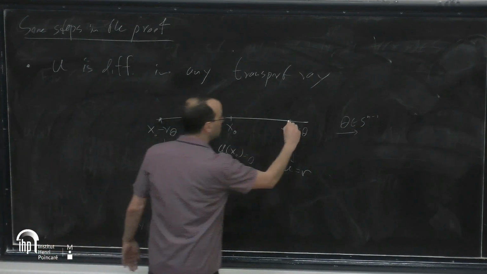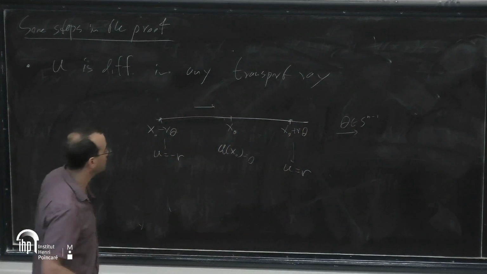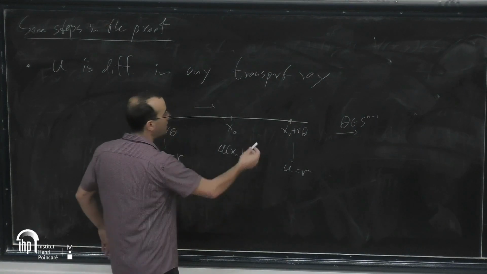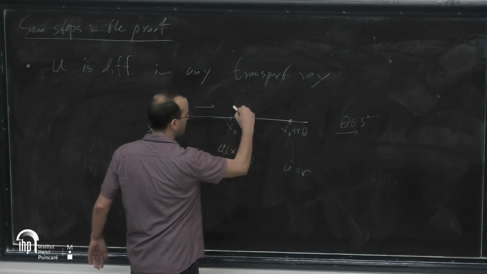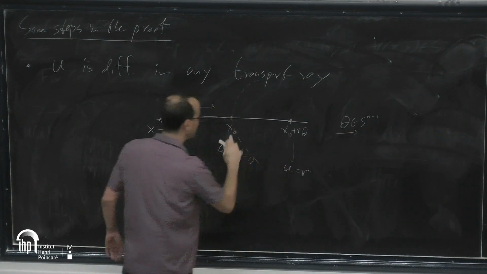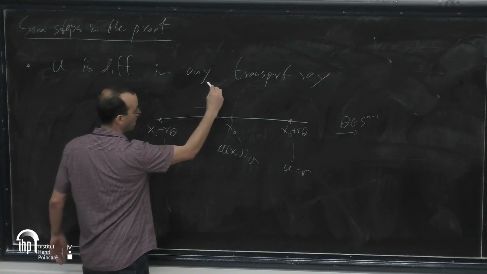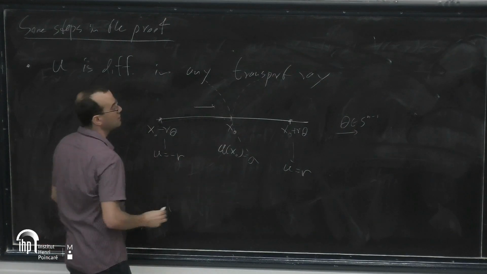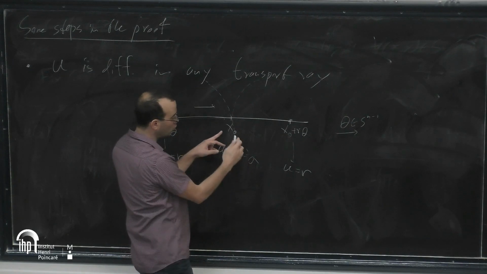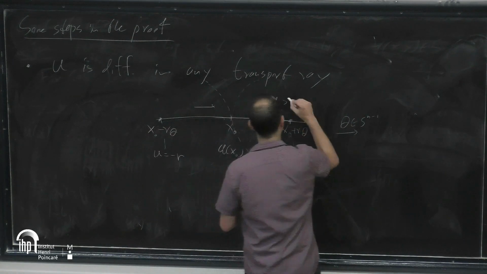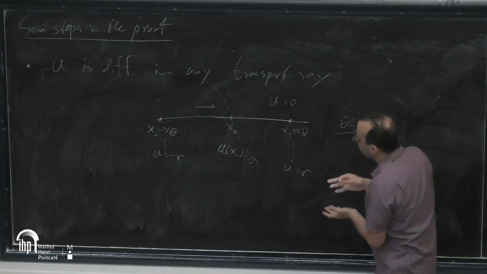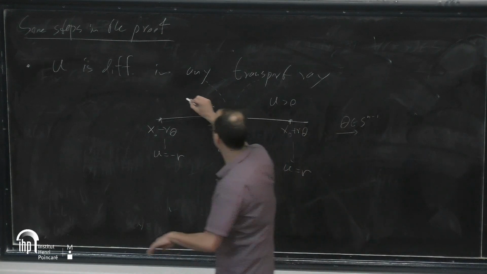Now I claim that I can give you both an upper bound and a lower bound for u of x. Let's draw these circles centered at x0 plus r theta, passing through x0, and the other circle. Inside this circle, the function u is positive, because here it equals plus r, and in this circle it cannot go down by more than r. And here it's negative.